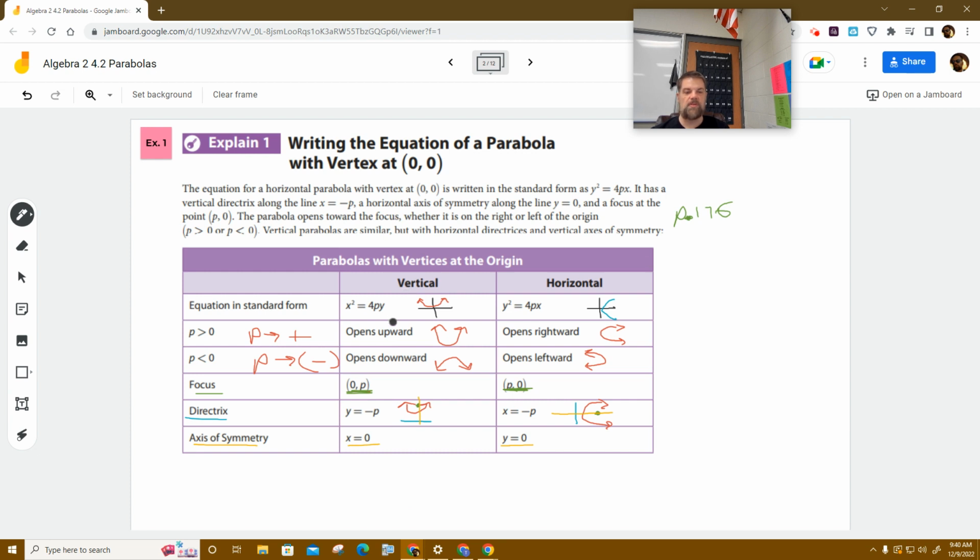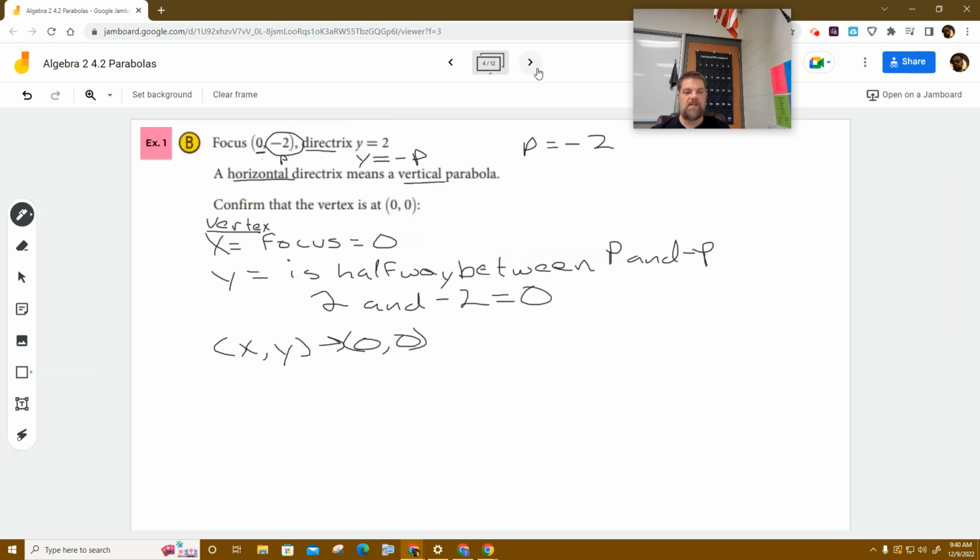For example, we said that the directrix was y equals negative p. We said that the axis of symmetry is x equals 0. And if p is positive, it'll open upward, or if p is negative, it'll open downward. So let's start applying those properties.